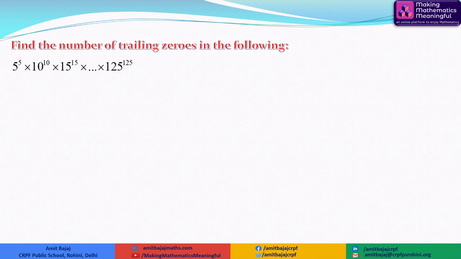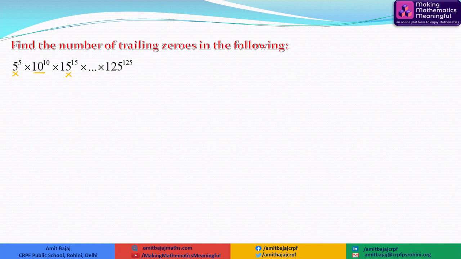So first of that will be from the term 10 raised to the power 10, as 5 raised to the power 5, 15 raised to the power 15, and so on, all those having the odd base will not contribute in that number of twos.